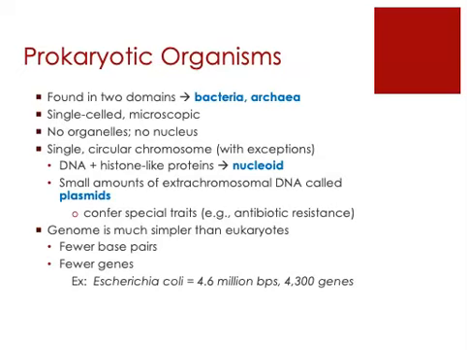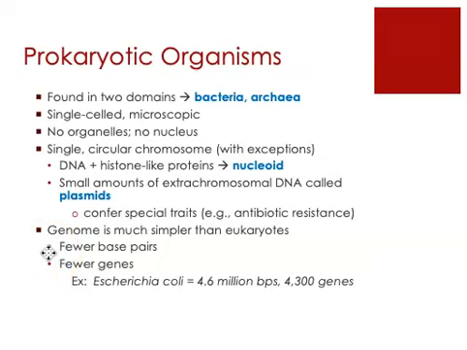That's all that term means. The collection of DNA. So your genome would be very different from the genome of a bacterial cell. You would have many more base pairs in your DNA, and you would have many more genes in your DNA. Prokaryotes have many fewer base pairs and many fewer genes.